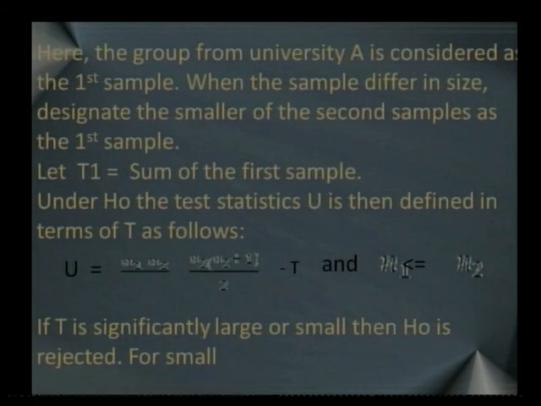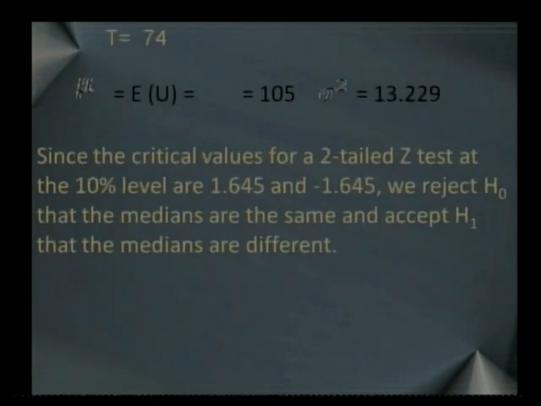Now let T1 be equal to the sum of the ranks of the first sample. Under H0, apply the test statistic, which we define as U, and it is defined in terms of T as follows, and U is equal to this. Again a condition is there, N1 is less than or equal to N2, and so on.